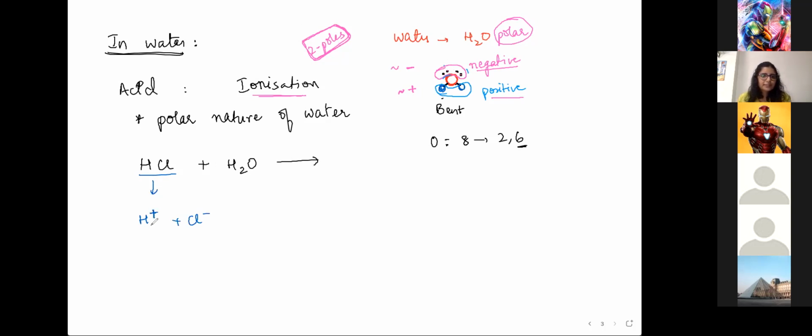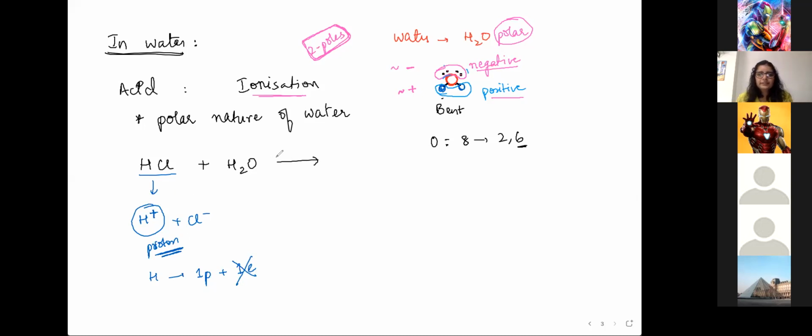Now H plus is basically a single proton. Hydrogen has one proton and one electron. If you give it a positive charge, the electron gets out of the picture. So H plus is nothing but a single tiny little proton, floating around in water. It is not capable of existing independently.